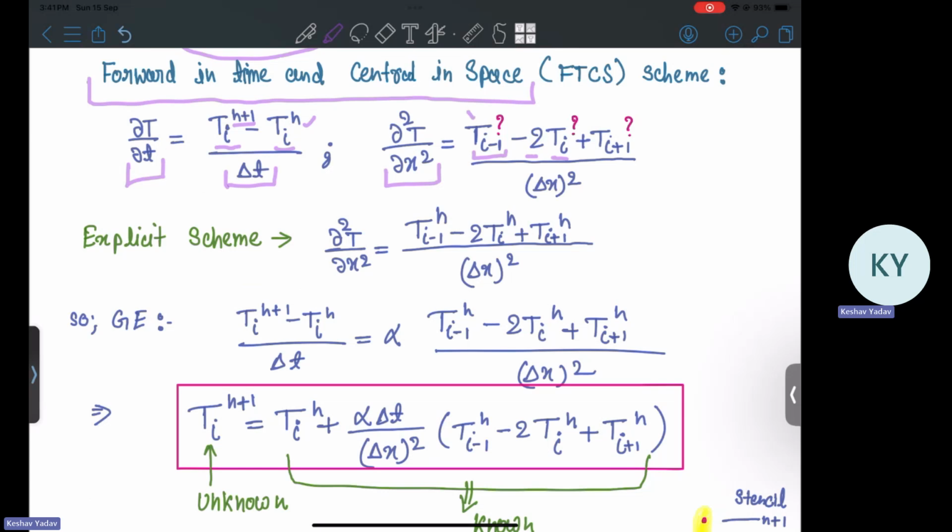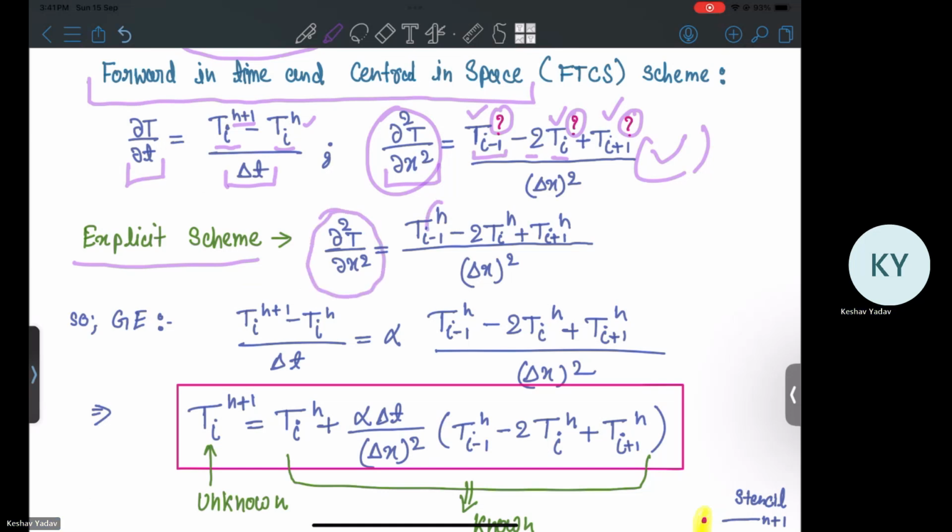But these Ti, at what time should I write them? This is the question. This derivative that I am writing, at what time should I write it? So if we are using the explicit scheme, we write this T at the nth time. Okay. We wish to find the temperature at the n+1th time, so we write the gradient, this derivative, at the nth time.